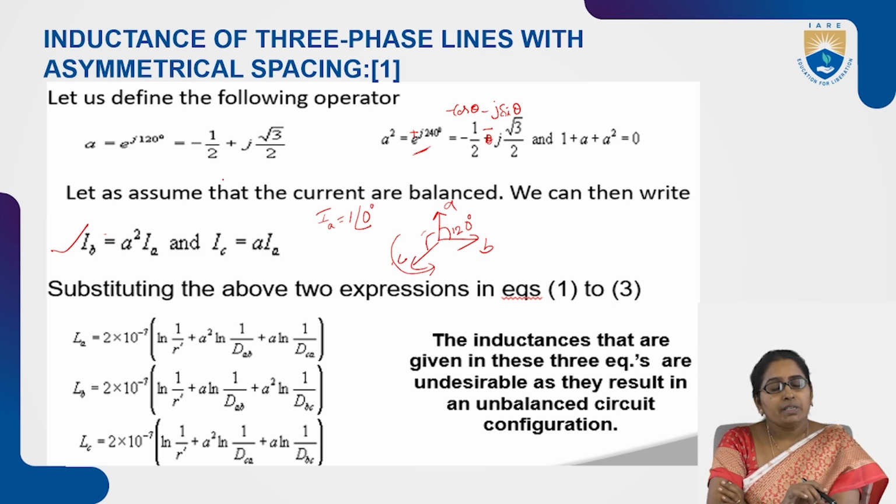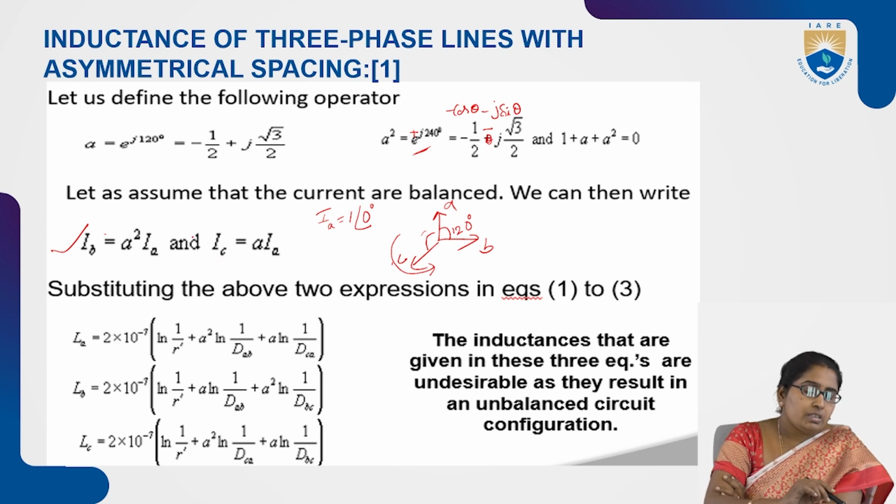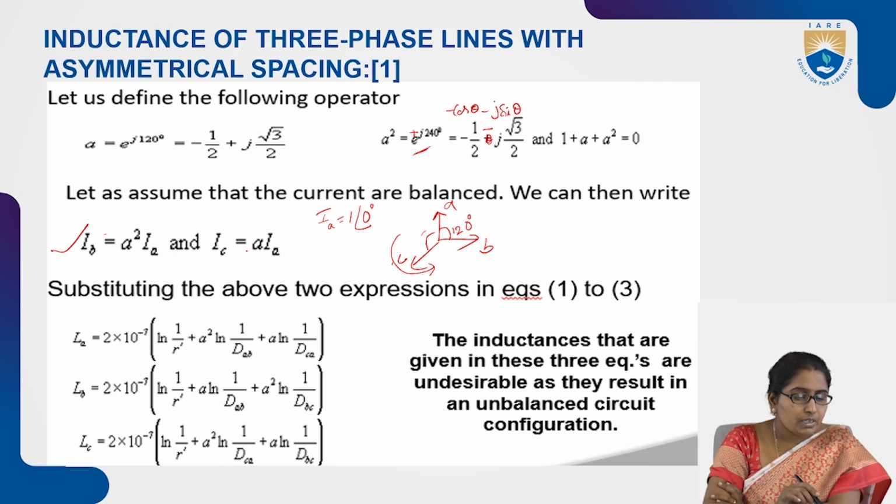Based on these relations, in the previous flux linkage expressions we had, psi a, psi b, psi c, we substitute for IB and IC in terms of IA. Finally, we get the psi A expression only in terms of IA.